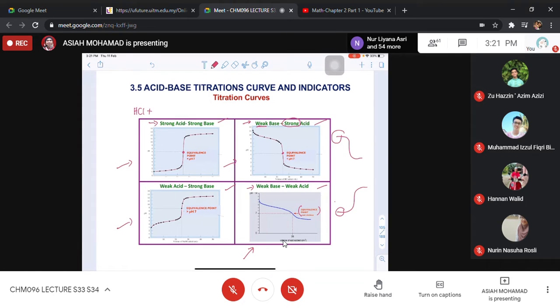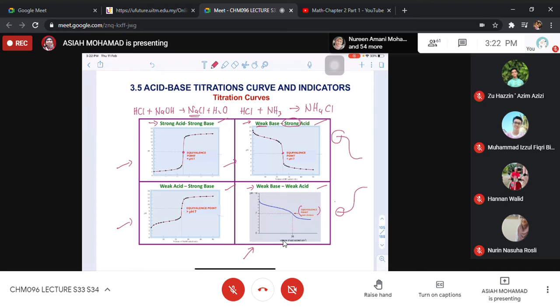HCl, strong acid, and NaOH, strong base, produce NaCl plus H2O. So this salt is a neutral salt. For strong acid, we are going to use HCl plus ammonia, a weak base NH3, maybe. So it will produce NH4Cl. So this one is an acidic salt.